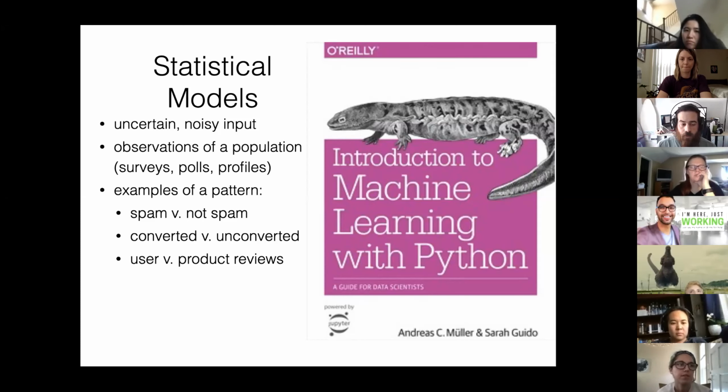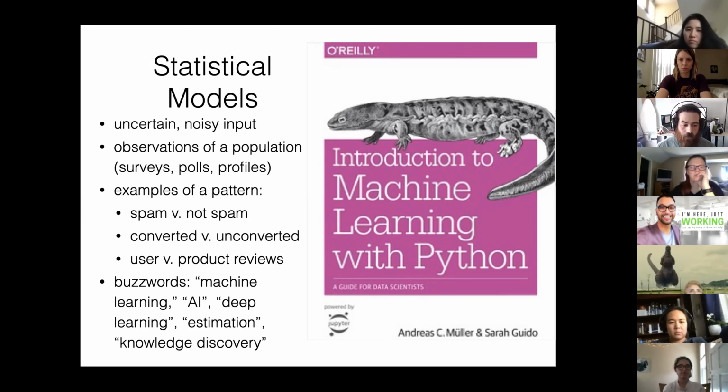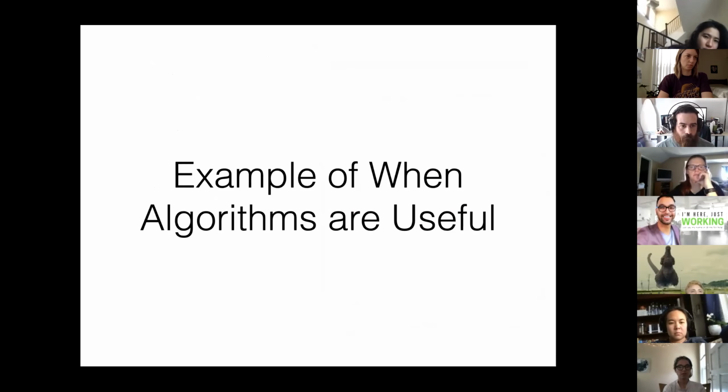Maybe you can predict how much a user is going to like a certain product based on their profile. Netflix does this all the time. These are statistical models of user behavior, and they rely on algorithms. This type of algorithmic task is associated with many buzzwords that have become very popular in the media. So if you hear buzzwords like machine learning, AI, or deep learning, or knowledge discovery, probably you're dealing with a statistical model. Okay, so let's go into some examples of when algorithms are useful.